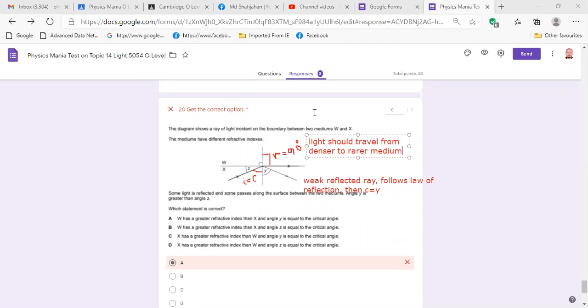So write that also here: refractive index is more in the denser medium. Is it clear? So you can have your answer now.